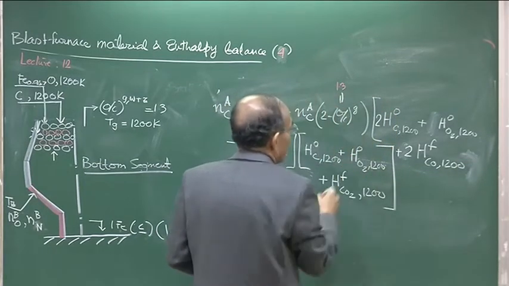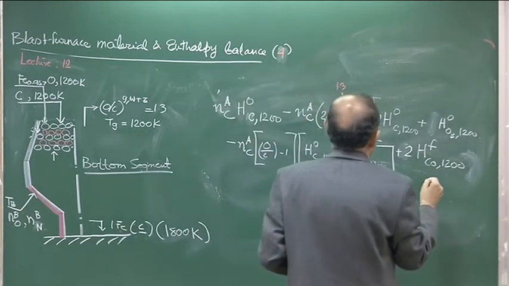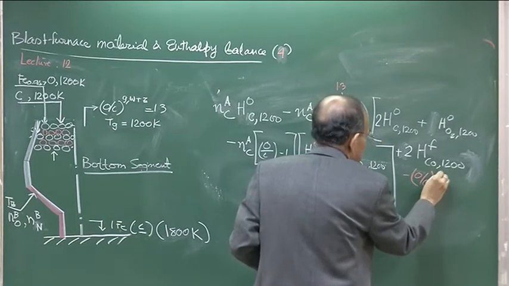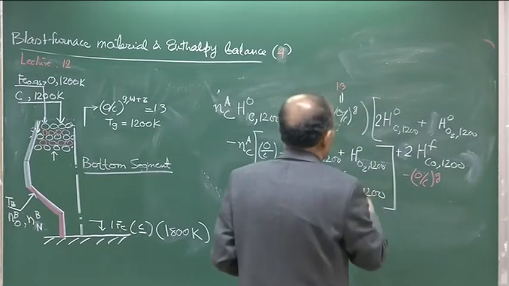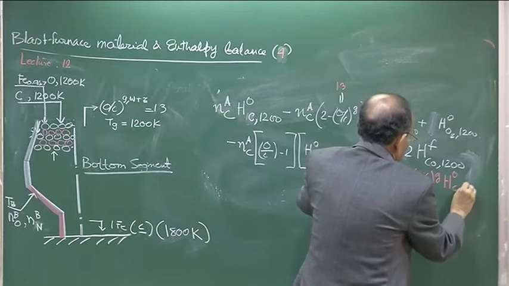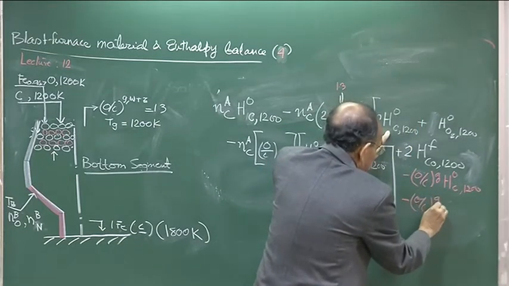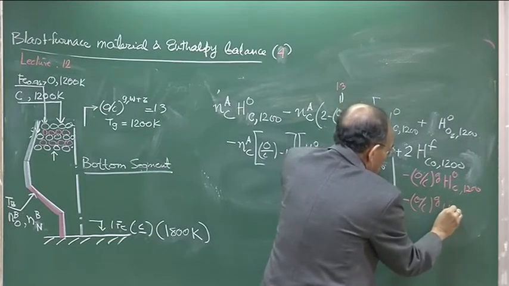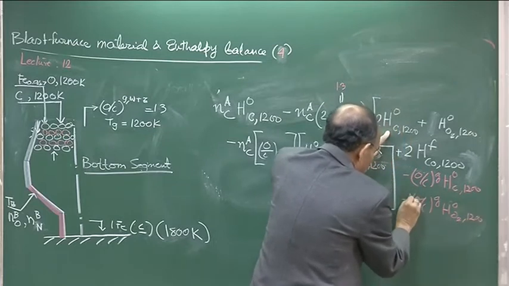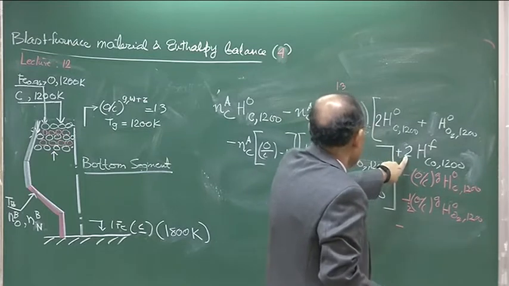So, the expansion term is going to be minus O by C gas into H naught C 1200, that was the term, minus O by C gas H naught oxygen 1200, and there should be a factor of half here, minus, then we have 2 is absent here.